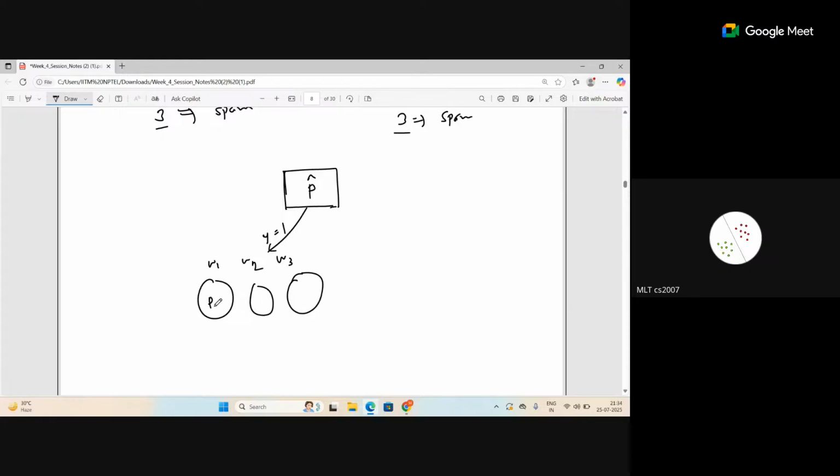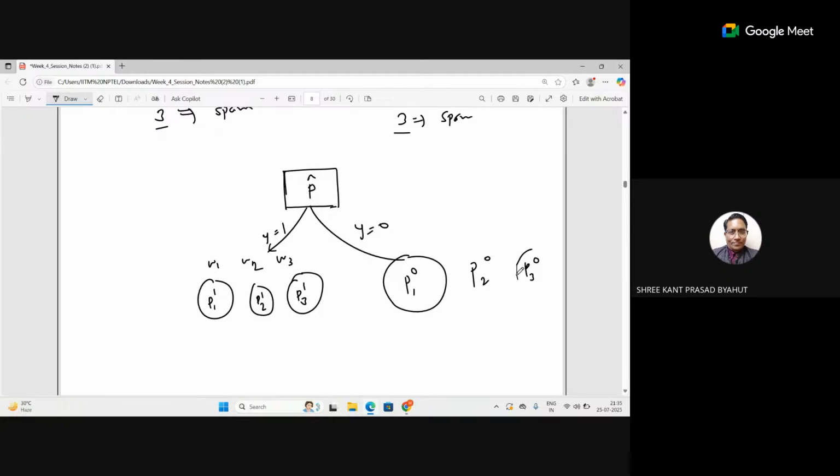Here it will be P11, P21, P31. Similarly P10, P20, P30. This is W1, this W2, and this W3.